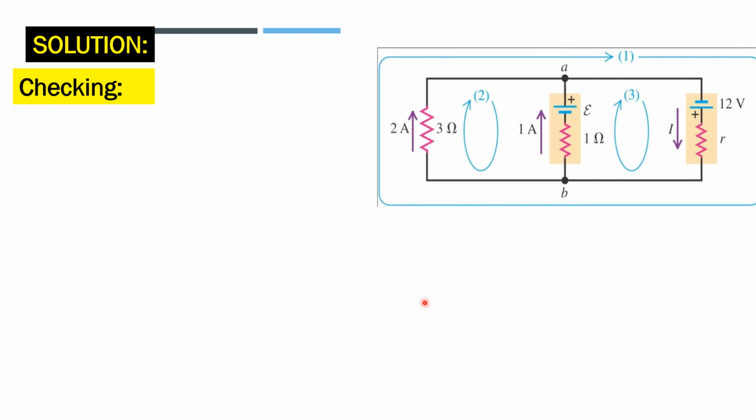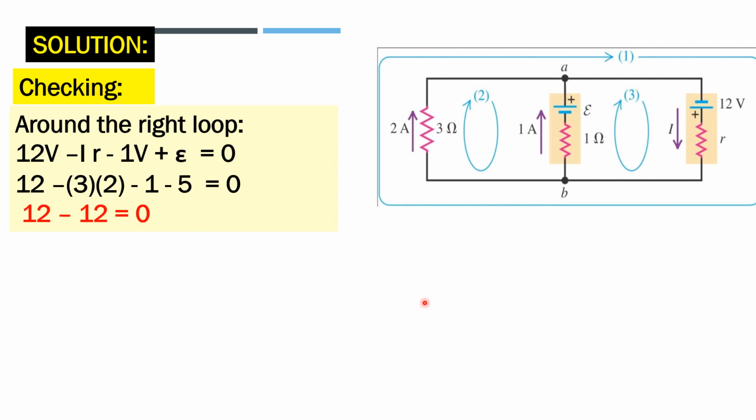So for the right loop, we already obtained this equation earlier: 12 volts minus IR minus 1 volt plus the EMF equals 0.